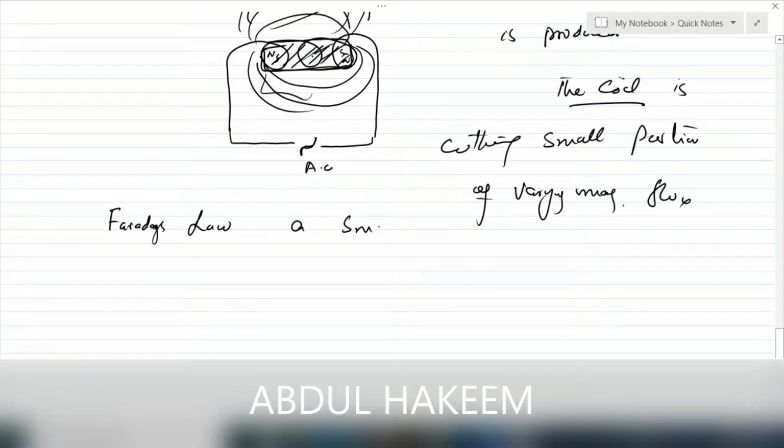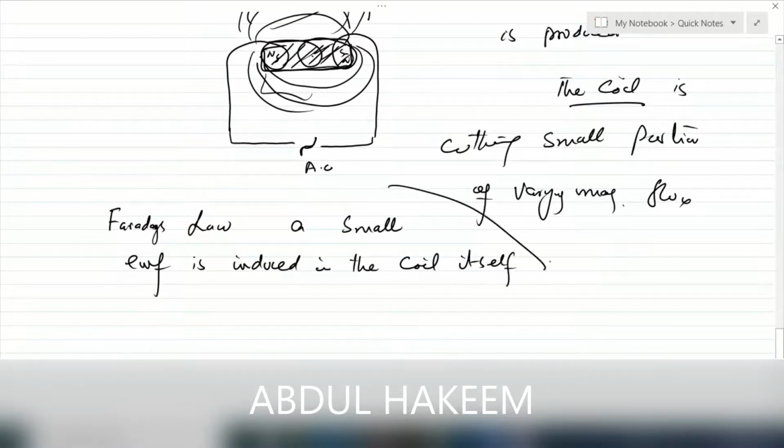a small EMF is induced in the coil itself, because the coil is cutting the varying magnetic field, so the EMF is induced.